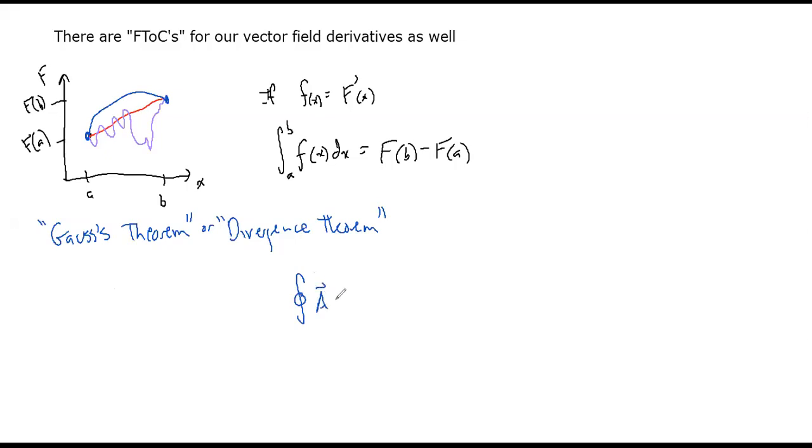So I have some vector field A, and I look at some closed surface S, that's what the circle around the integral sign means, that bounds some volume V. And this is kind of the same content.